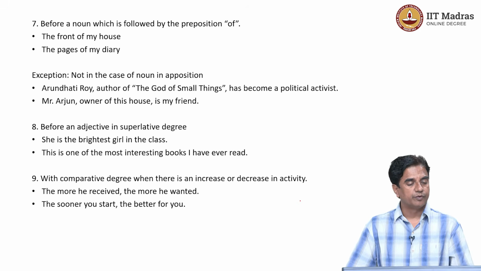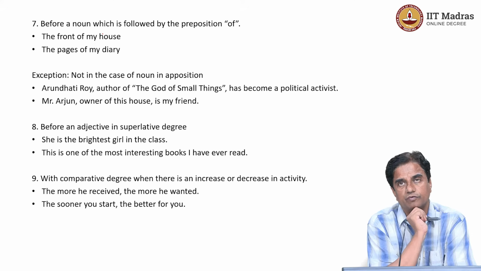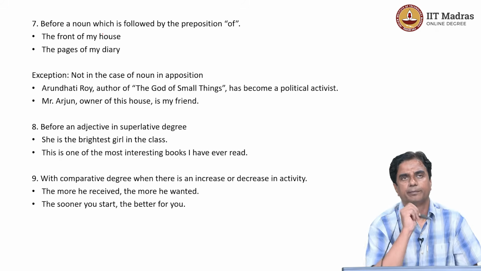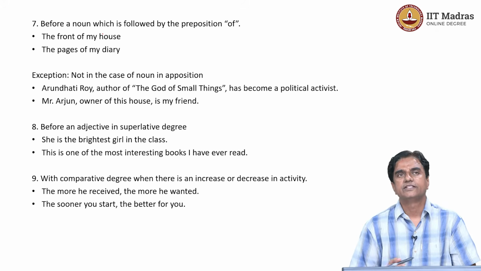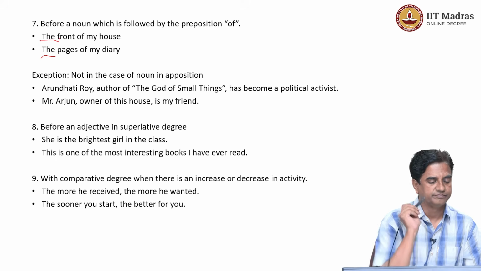We have it before a noun which is followed by a postposition of as well. That is, we can use definite article in this one. So we can say the front of my house, the back of my house, the pages of my diary. In such context, we can use a definite article.